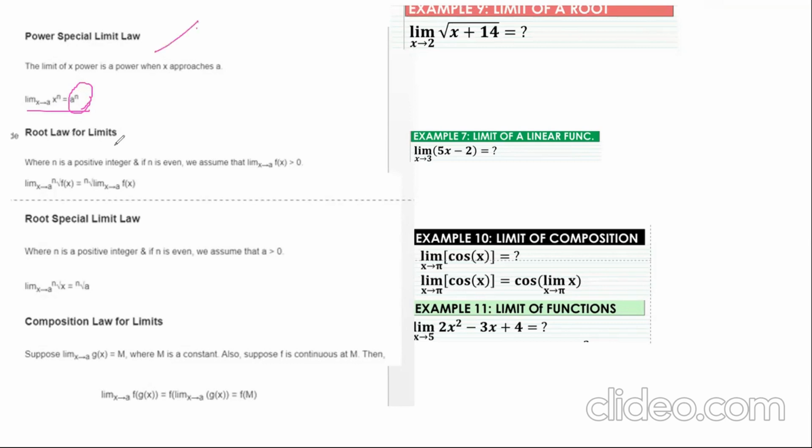Next, the root law for limits. How do you calculate the root law? Look at this: limit x tends to a of the nth root of f of x is equal to the nth root of limit x tends to a of f of x.